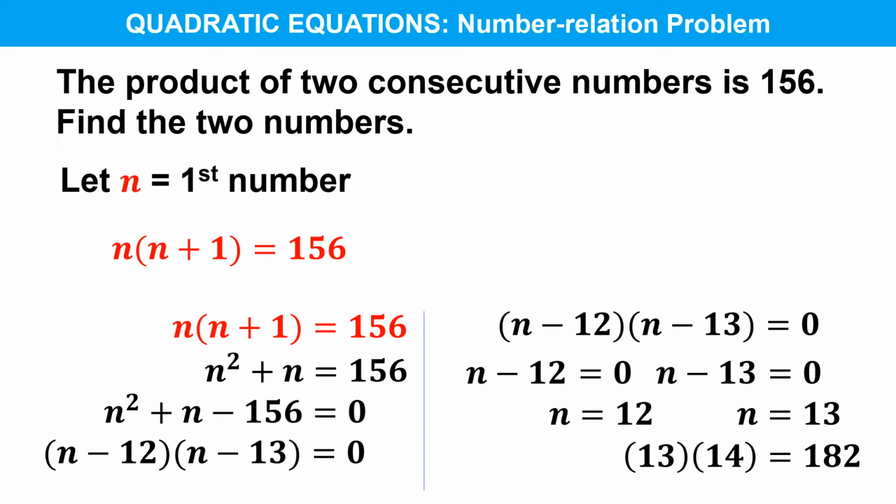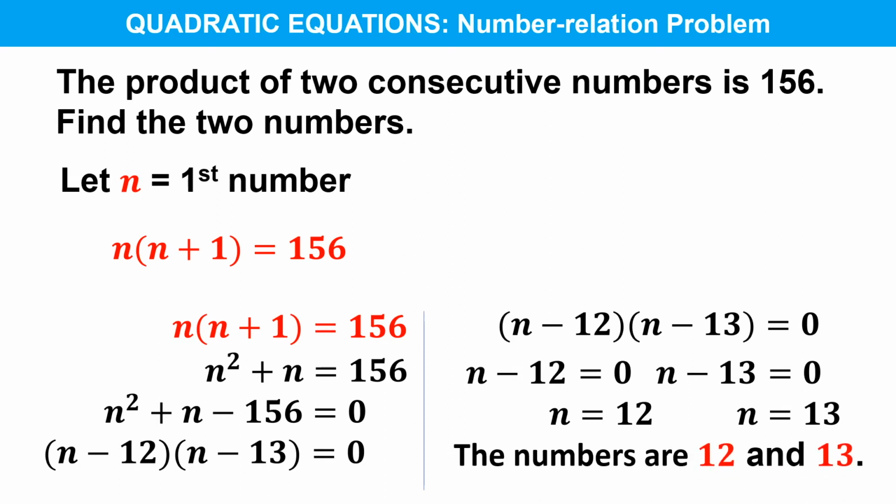Hence, the acceptable solutions to the equation are n equal to 12 where n plus 1 is equal to 13. Therefore, the two numbers that we are looking for are 12 and 13.